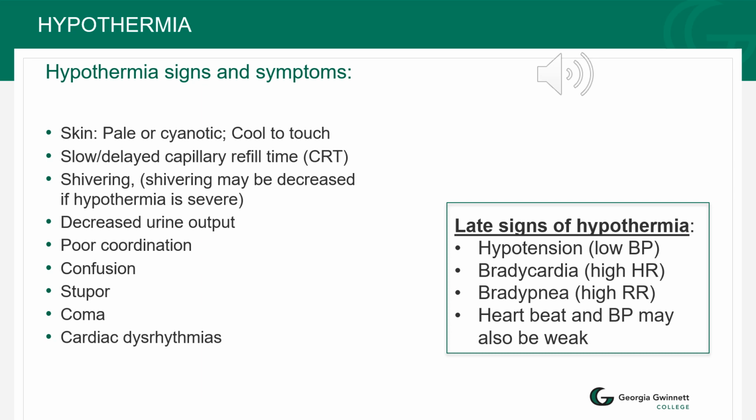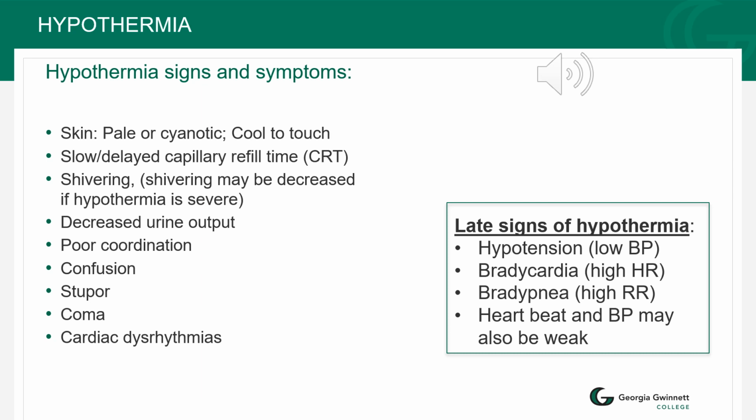They may have decreased urine output here in hypothermia as well, poor coordination, confusion, stupor, coma, and cardiac dysrhythmias or rhythm abnormalities to the heart. In late signs of hypothermia, in severe cases, you're going to have low blood pressure, and the heart rate and the respiratory rate are going to start to decrease, which is called bradycardia and bradypnea. So I hope you're realizing there are some similar signs.